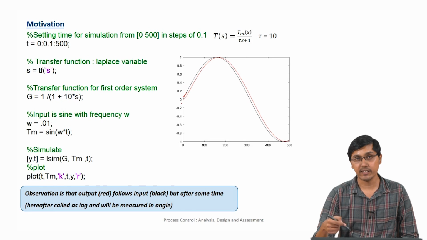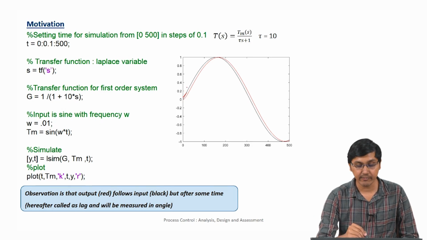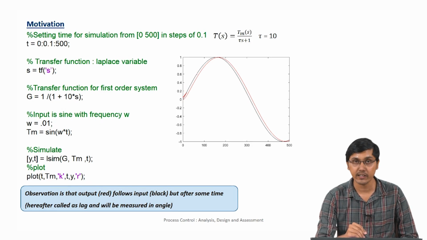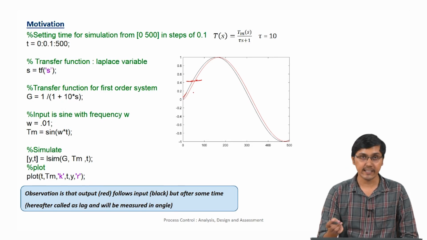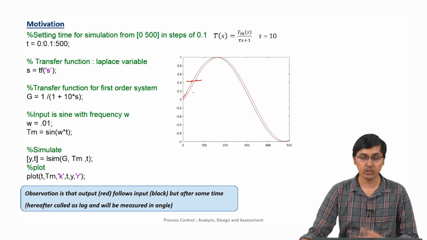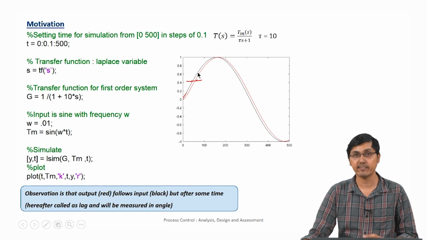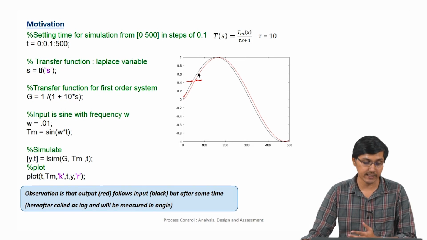The input is fluctuating. We can see that the output is following the input, but after a certain time. This temperature is reached by the actual entity in a certain time, and the thermometer takes a certain time to show the same temperature. So this is again indicative of lag. It records the temperature, but with a lag.